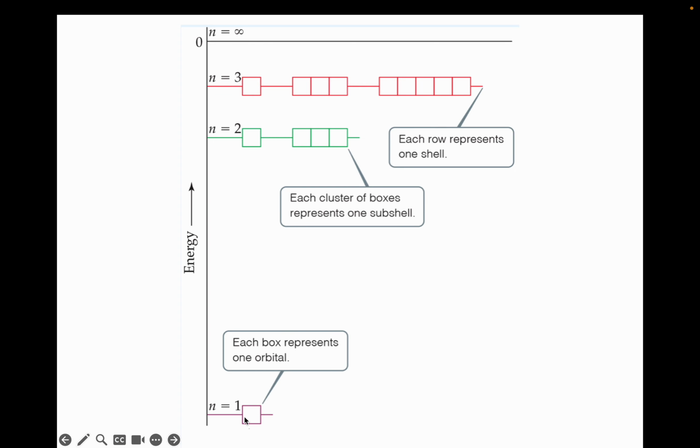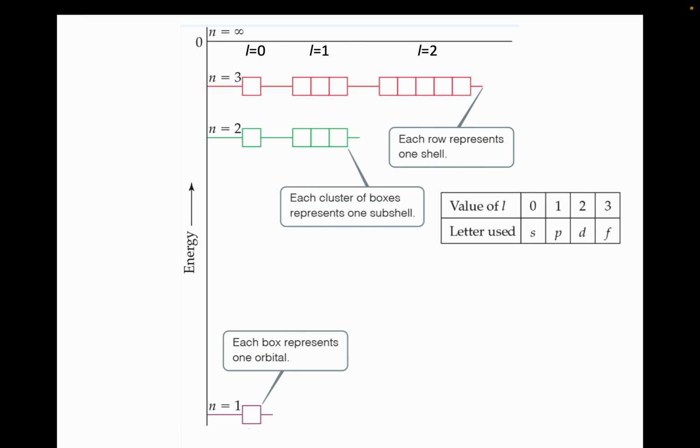Each of the different boxes here represents one atomic orbital. When we have groups of them, like this group of 3, those are called subshells. And the entire row that we have represents a shell. So we have a shell, a subshell, and then each of the boxes representing an orbital. If we look within the pattern for how these are placed, I see n equals 1, n equals 2, n equals 3.